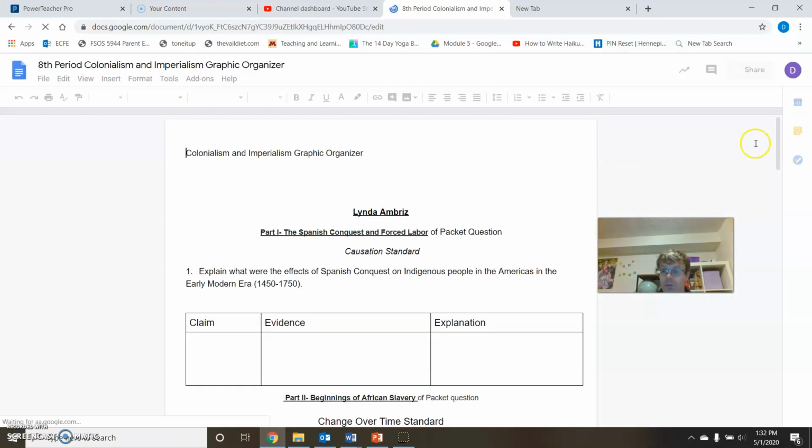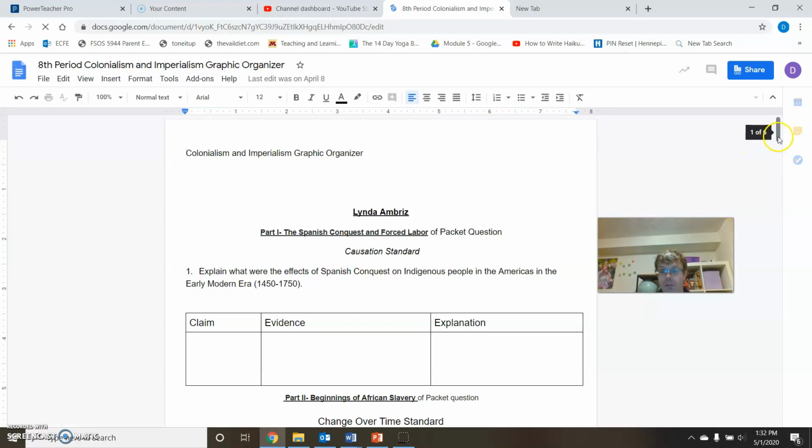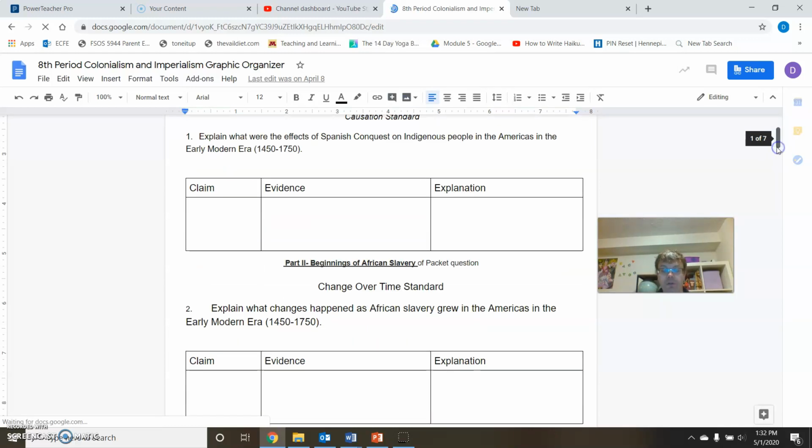You need to go on to your class, find the graphic organizer and answer this question, which is really similar to our Flipgrid. If you're having any difficulties, go and watch the videos in the Flipgrid and see what people are putting down for some ideas. Read your notes, and from that, explain what were the effects of Spanish conquest on indigenous people in the Americas in the early modern era.